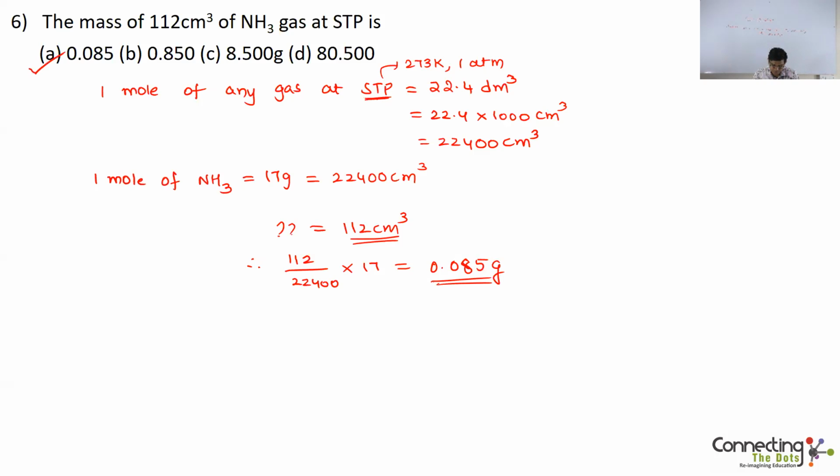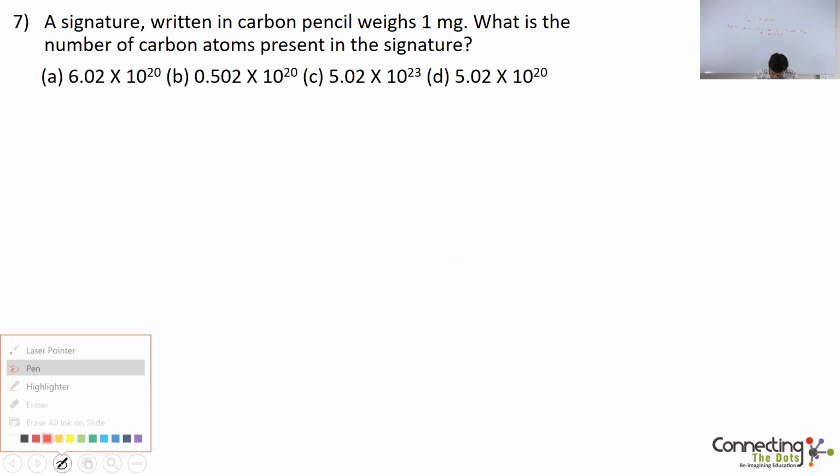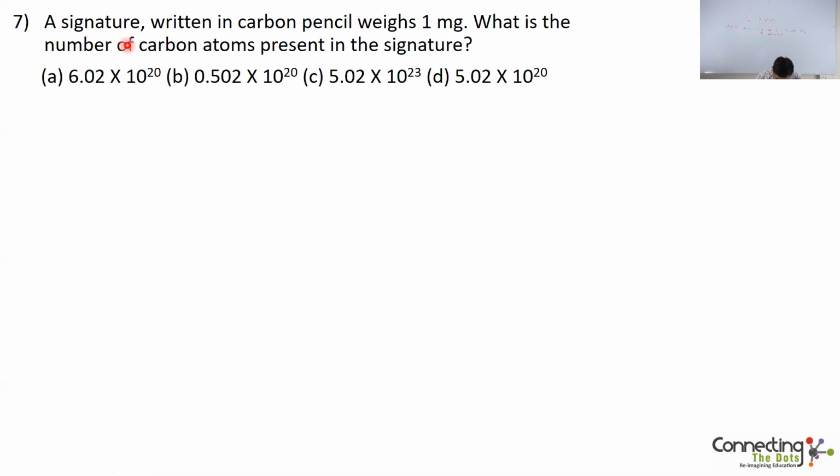Let us look at the next question. A signature written in carbon pencil weighs 1 mg. What is the number of carbon atoms present in the signature? Now, when you say carbon pencil, it's mostly graphite, and graphite is nothing but carbon. It's made up of carbon.